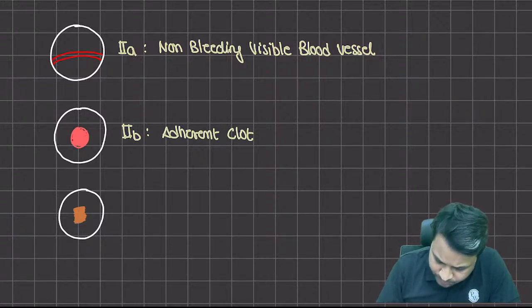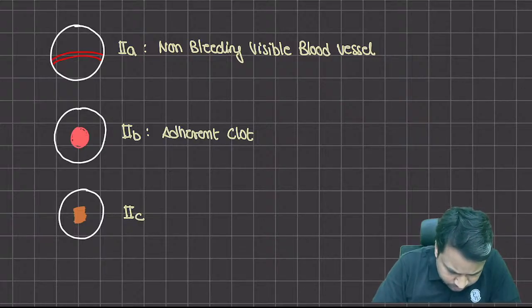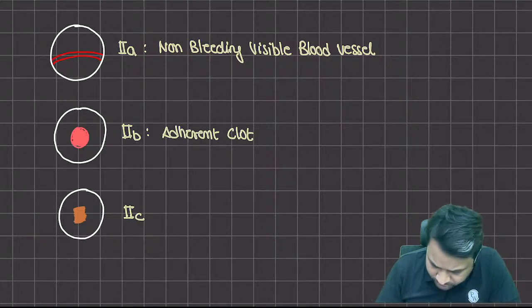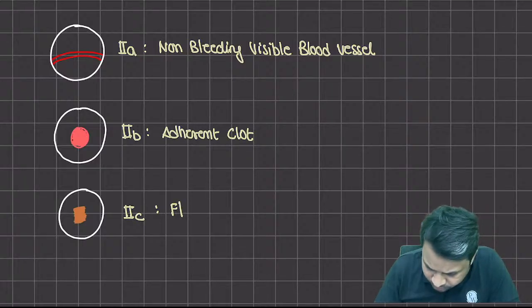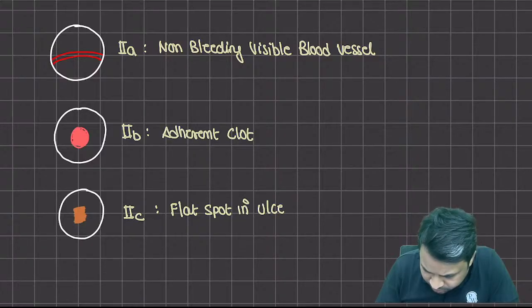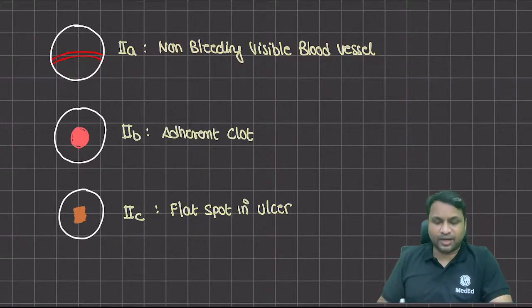This is 2C. So 2C is what we call a flat spot in the ulcer crater.